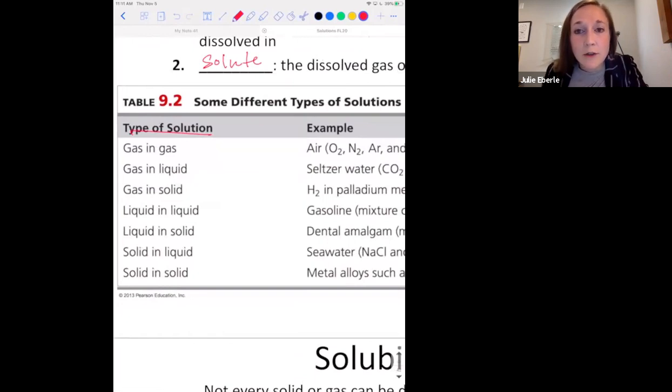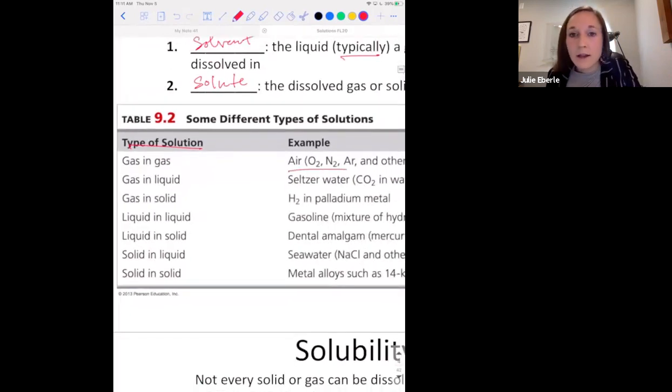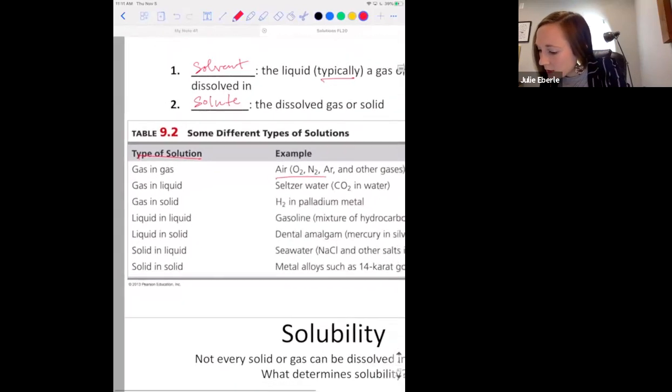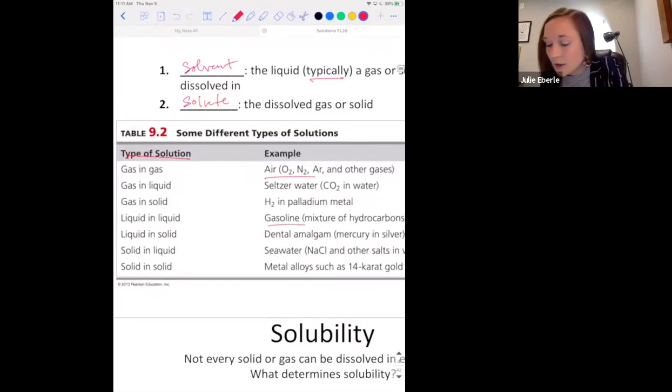Anytime you're mixing two things and you have one present in greater amount, one in lesser amount, that's a solution. The atmosphere is a solution of gases. What else is a good example? A liquid and liquid. We mentioned gasoline was an example of a solution, and it is liquids dissolved in other liquids. You just have some present in larger amount and some present in lesser amount.